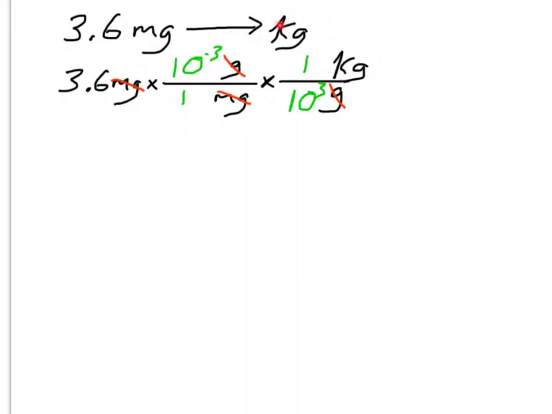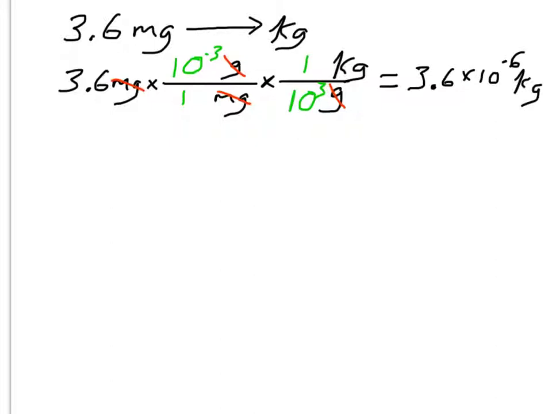And so that's how I know I'm done. So this answer is going to be 3.6 times 10 to the negative 3 divided by 10 to the 3. You can do that on the calculator, but you should be able to do that in your head. And that becomes 3.6 times 10 to the negative 6 kilograms.